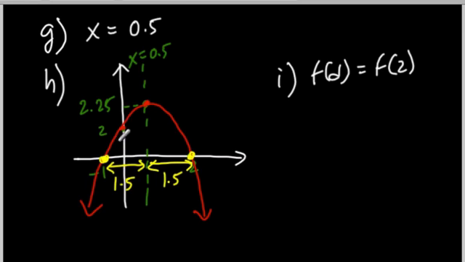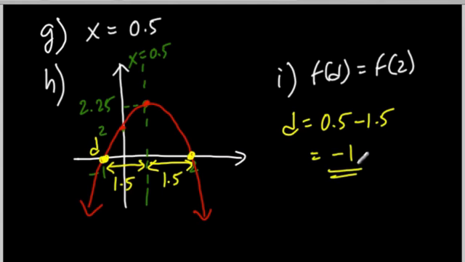So in other words, d should be the axis of symmetry, which is 0.5, minus 1.5, which should be -1, which is exactly that. We have -1 right here, and so therefore we know we have the right solution.